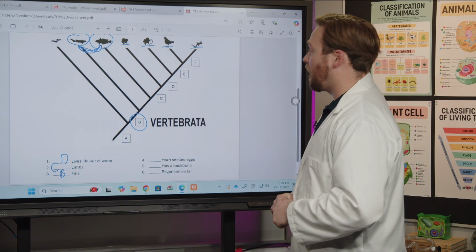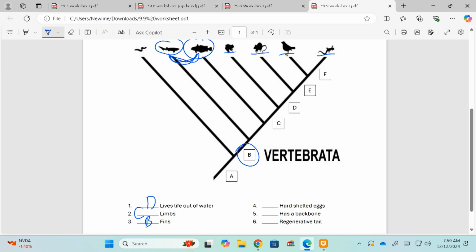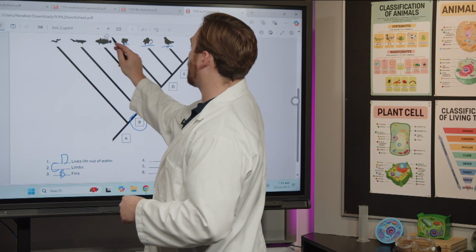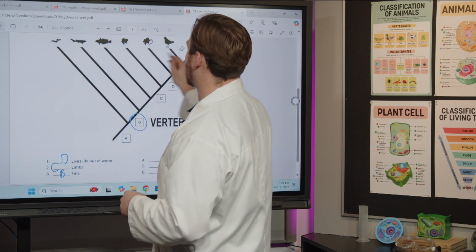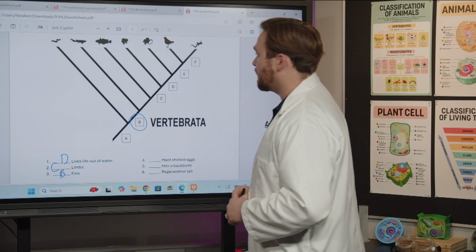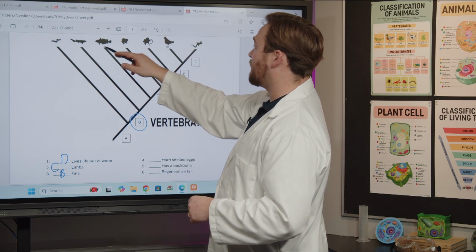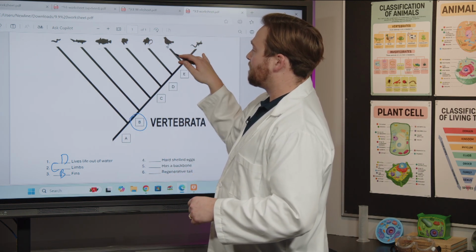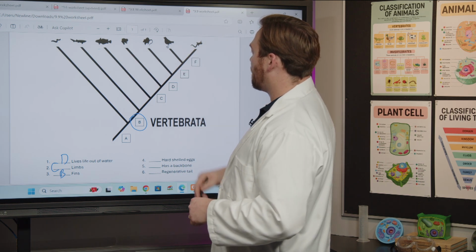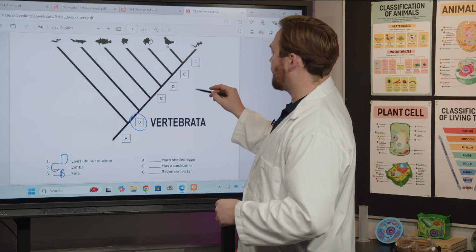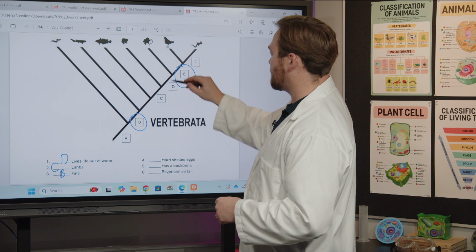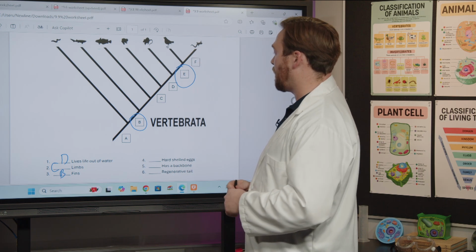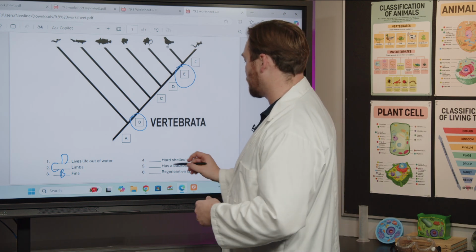Great work. All right, so the next one here, 4, says hard-shelled eggs. So which one of these are going to have hard-shelled eggs and which ones don't? Okay, well, looking at it, most of the fish and the frog are all going to have soft-shelled eggs. The mouse does not use eggs, and so I think the best answer choice for this one is E, because the bird and the lizard both have eggs that have hard shells.